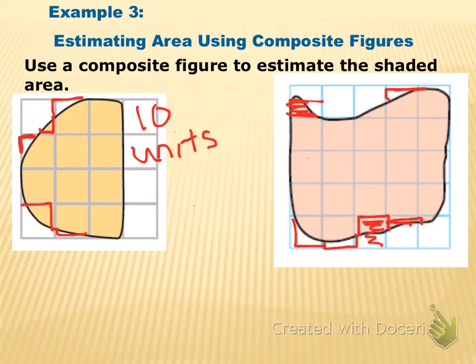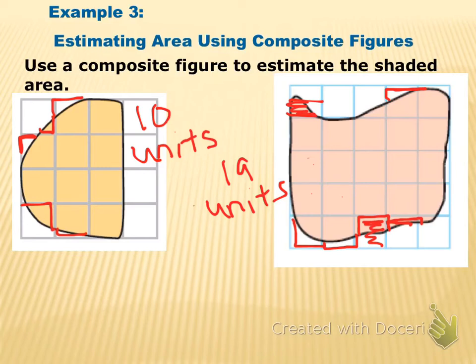So if you go ahead and count the squares, you've got 1 through 19. About 19 units is an approximation of the area of this irregular shape.